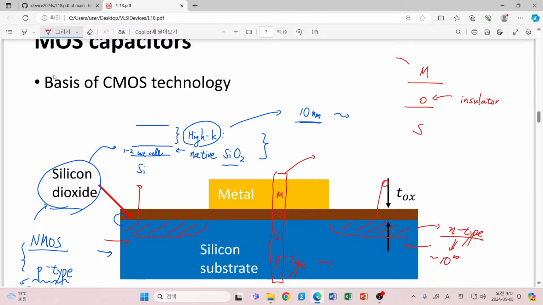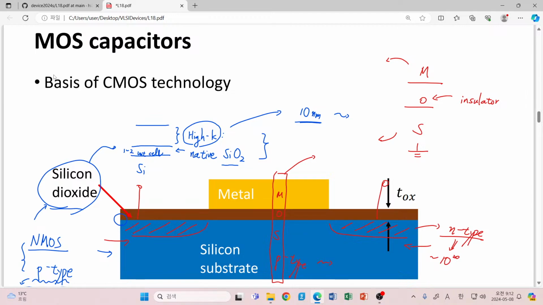So whether we apply a certain voltage difference between this metal and substrate, that doesn't allow any kind of current conduction. For example, let's make our substrate connected to the ground and apply a certain positive voltage. For example, let's just say 1 volt to this metal part, typically called the gate.